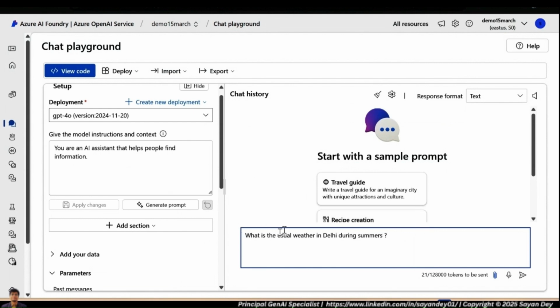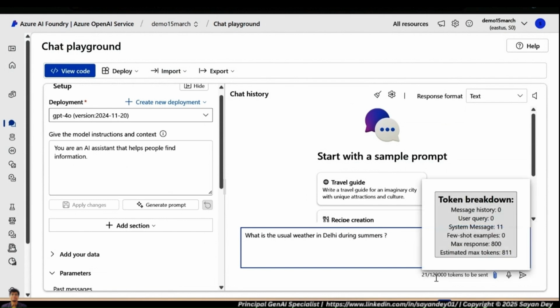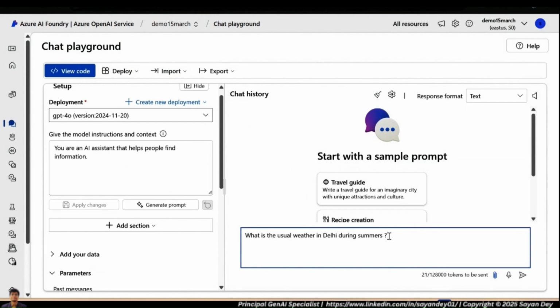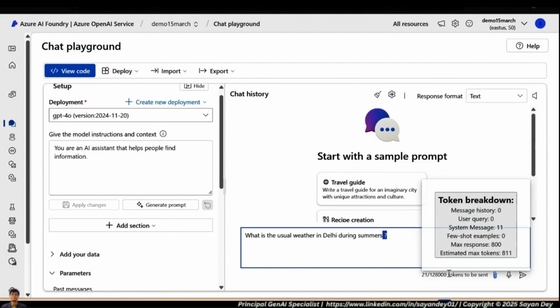Approximately 9 to 10, and it takes the punctuation also into account. You can see the system message is 11, plus 10 from the user message, so the user query is 10 and in total we have used up 21 tokens.